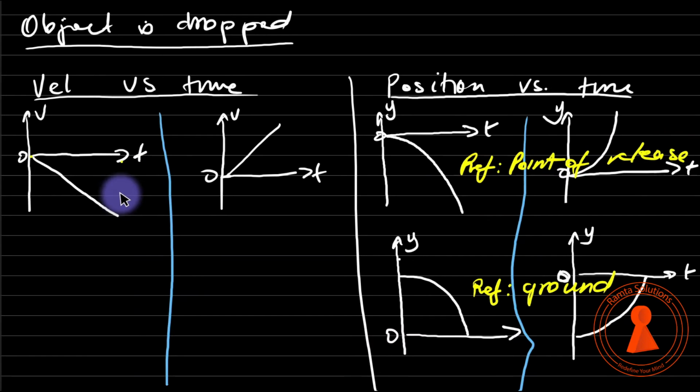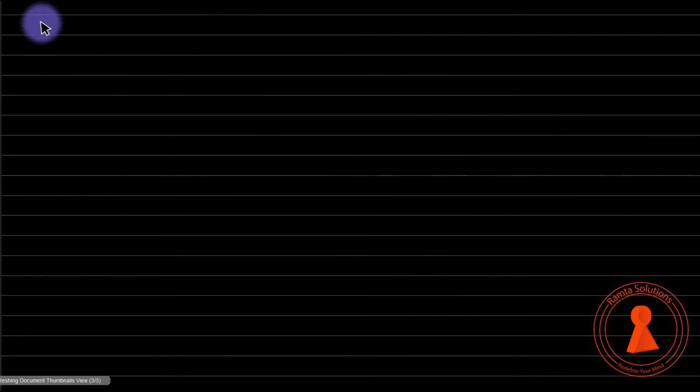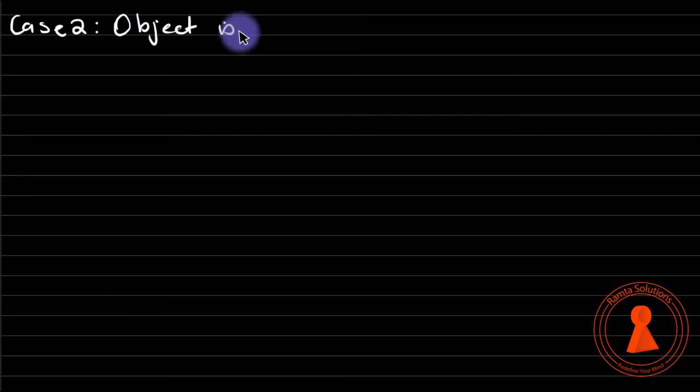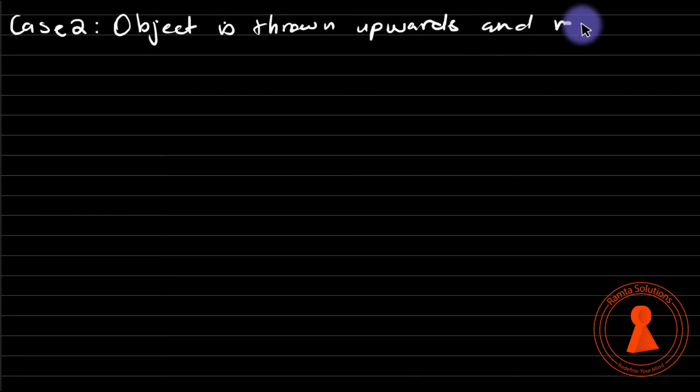Okay, all right. Now let's look at case 2. This is when an object is thrown upwards and returns to initial position.